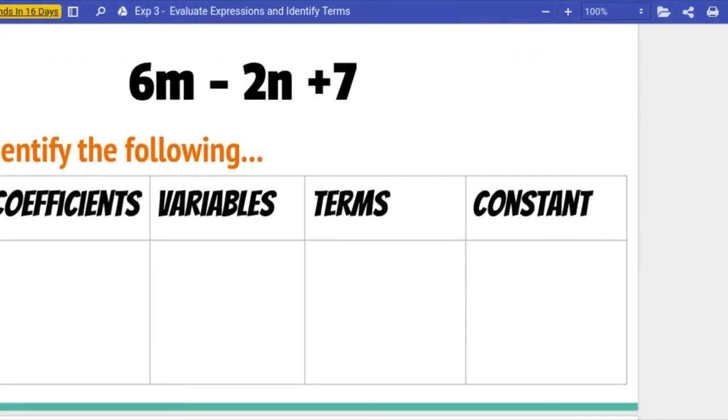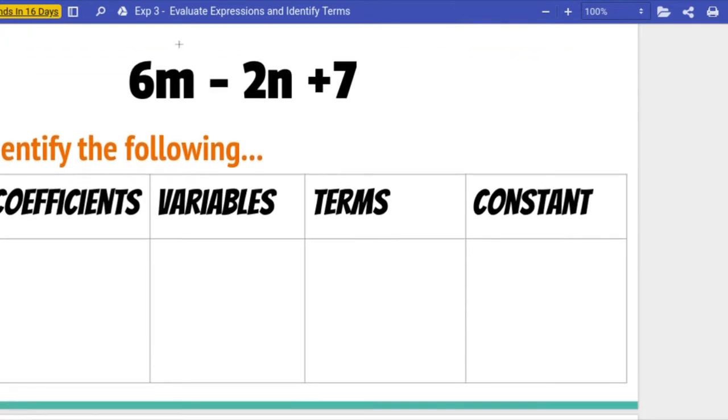Identifying. So we have this expression, 6m minus 2n plus 7, and we are going to identify those 4 different parts of our expression. I'm going to start with the terms because I think that is the easiest to identify right at first. Remember, the terms are like the words in our number sentence, separated by addition and subtraction symbols.